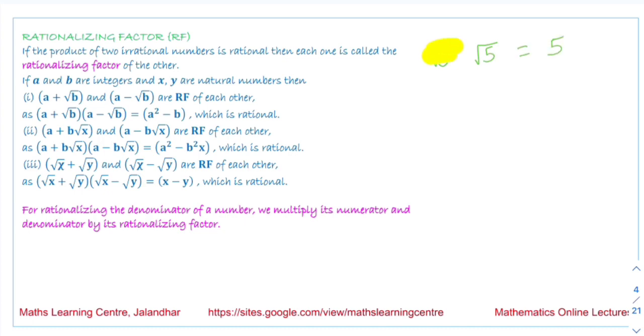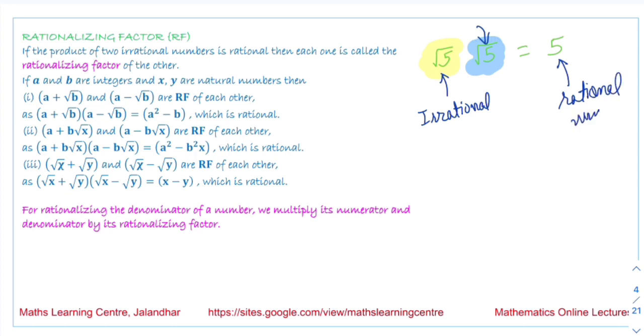The given number, square root 5, is an irrational number. We multiplied it with some number and the answer we get is a rational number. Then the second number is called the rationalizing factor of the number square root 5.